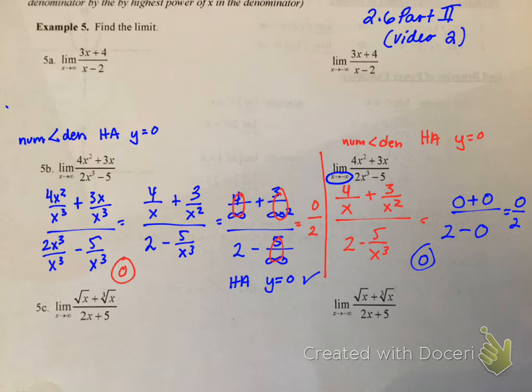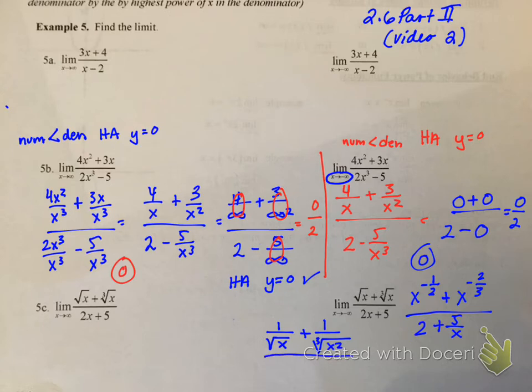And in the last problem, if I divide everything by x, we got x to the negative 1/2 plus x to the negative 2/3 over 2 plus 5 over x, right? So once again, I'm just going to rewrite this so that we have some clarity. So this is 1 over the square root of x plus 1 over the cube root of x squared all over 2 plus 5 over x, okay?